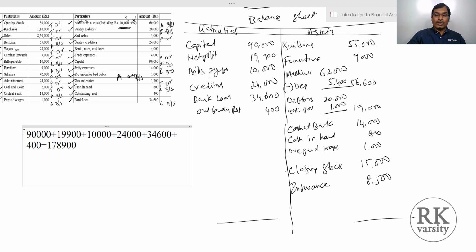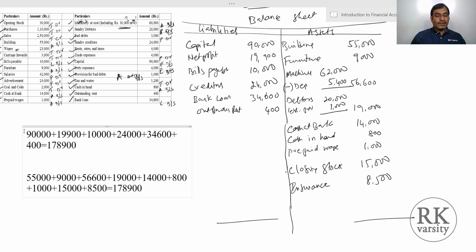Now we look at the asset side. 55,000 plus 9,000 plus 56,600 plus 19,000 plus 14,000 plus 800 plus 1,000 plus 15,000 plus 8,500.